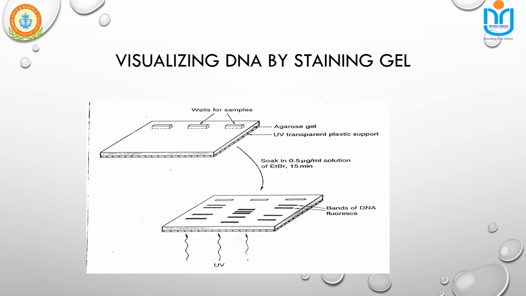Bands showing the positions of the different sizes of DNA fragments are clearly visible under ultraviolet irradiation after ethidium bromide staining. A non-mutagenic dye that stains DNA green or blue is used in many laboratories due to the hazardous nature of ethidium bromide and UV rays.